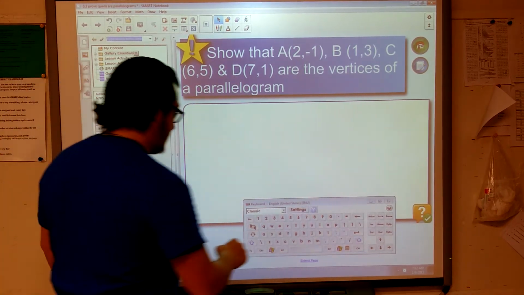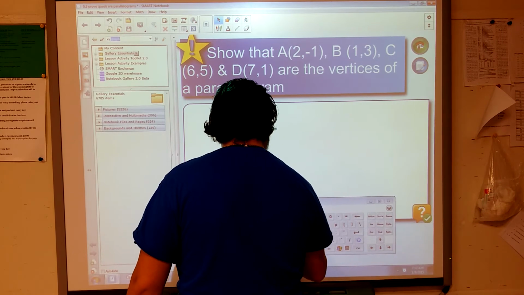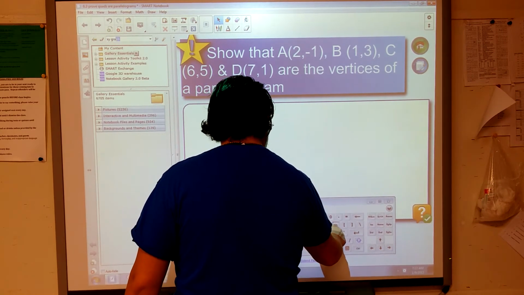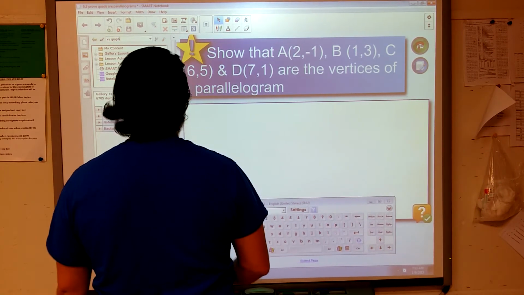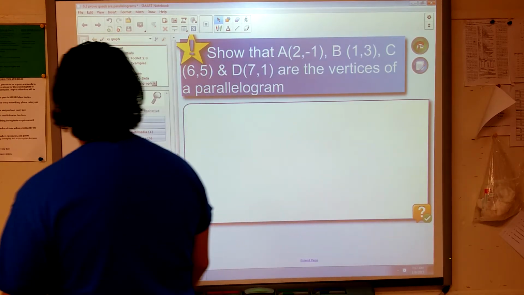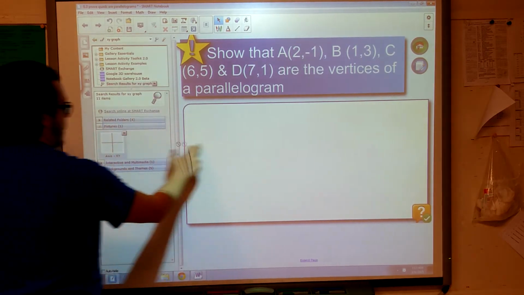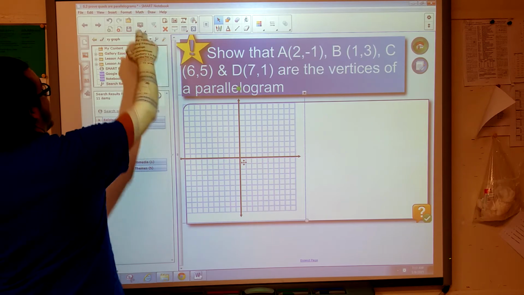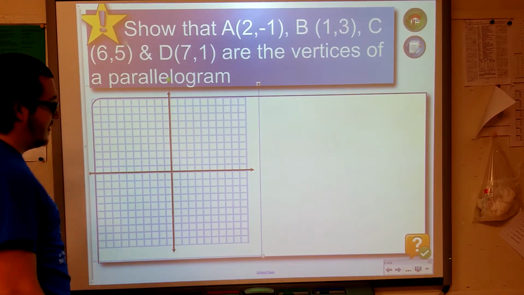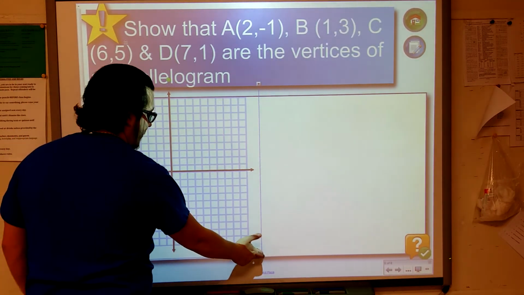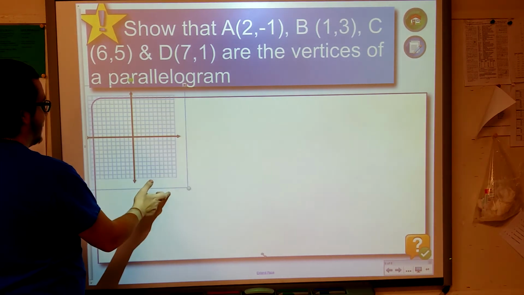We're going to search X, Y, graph. Oh, we're even going to graph this.